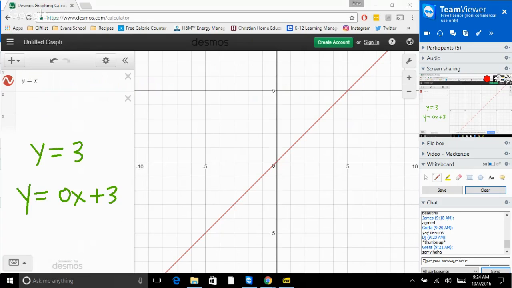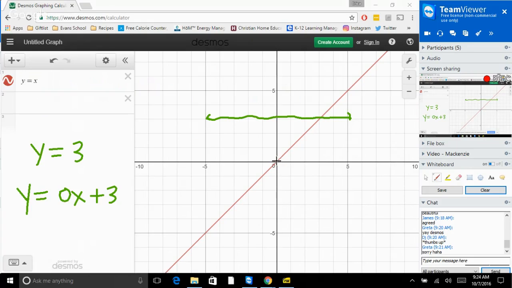So if I have no slope, what does that mean? There's no rise over run, right? So y just always equals 3. It doesn't matter what x is. So I'm going to guess that my line's going to look something like this.